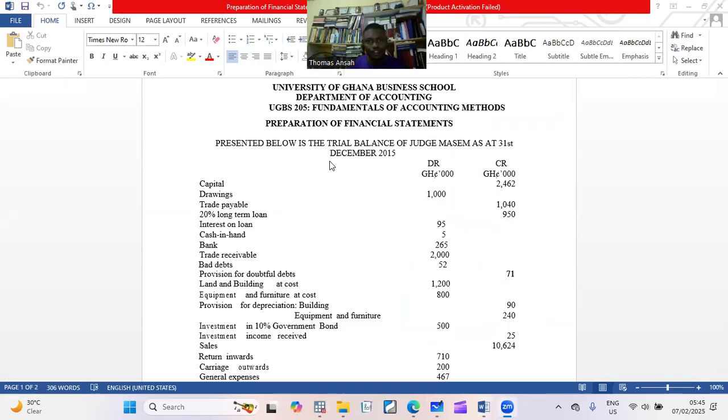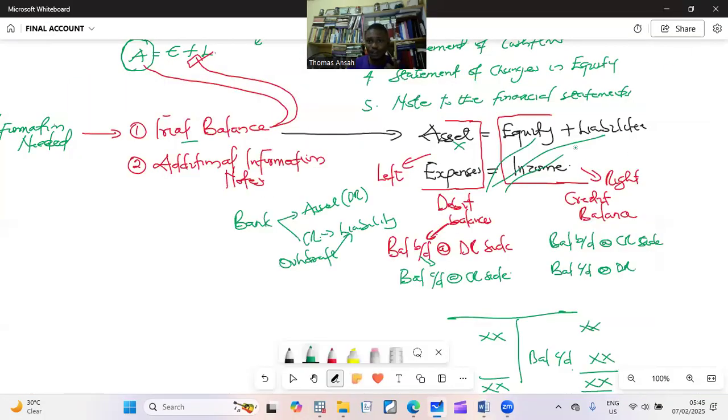Now, you realize that this is the trial balance, and you can see the things here. If you take capital, where should it normally be? Do you remember the accounting equation? Remember, another name for capital is equity, right? When it is for a sole trader, we normally use the word capital, but when it is for a company, we use equity.